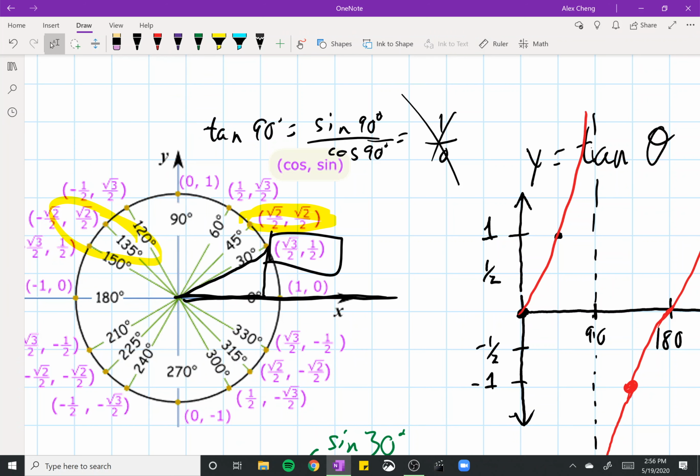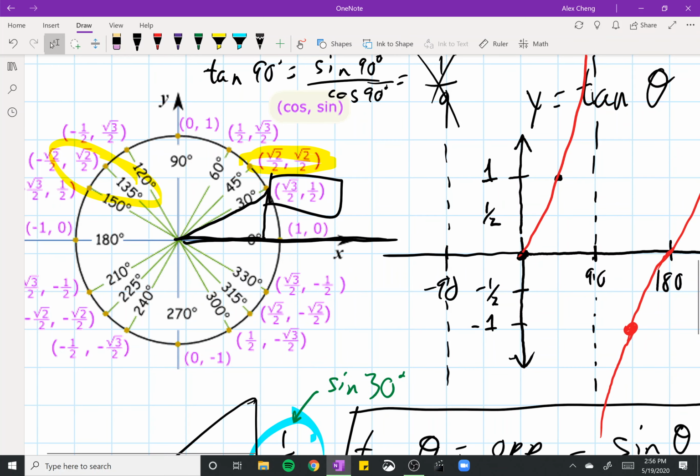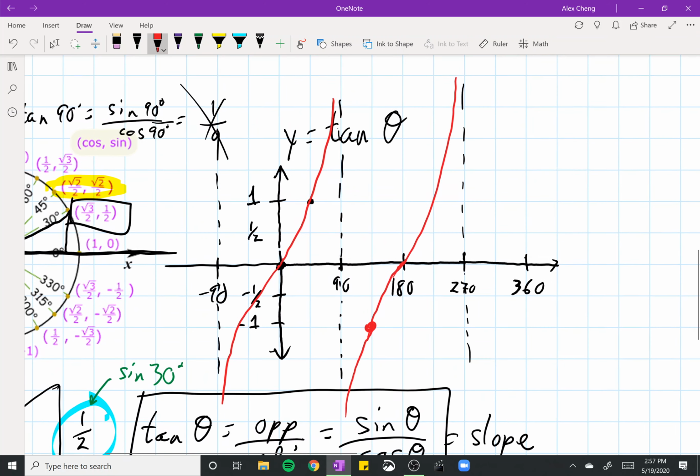So once again, negative 90 degrees would also not be in our domain, because again, that would be an undefined slope. So this graph will look like so. And this would keep going.